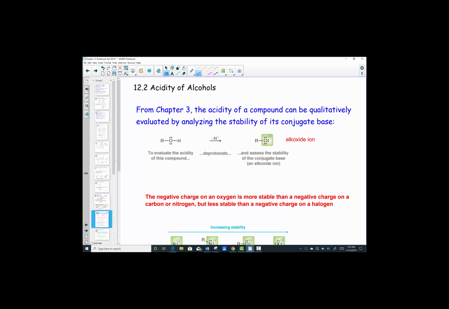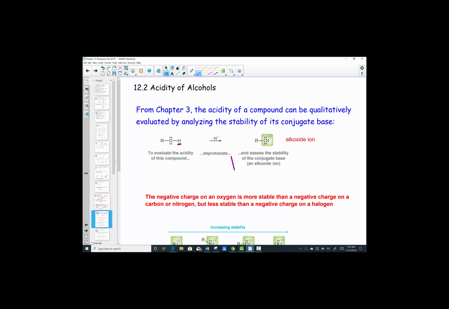Our next section talks about the acidity of alcohols, and it comes back to us from chapter 3 when we first learned about acid-base chemistry and the pKa chart. So this will be a little bit of review from that section, just bringing it back to our forefront. So remember, the acidity of a compound can be qualitatively evaluated by looking at the stability of its conjugate base.